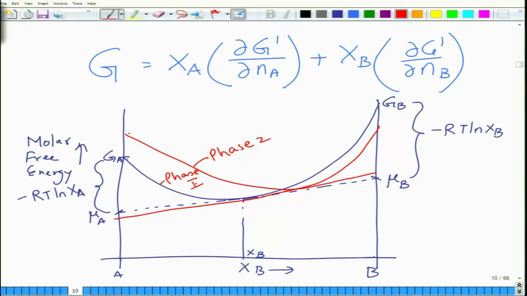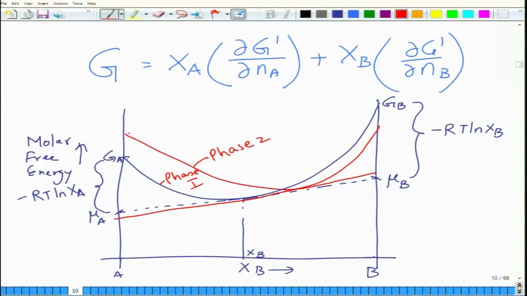For a given phase, you can draw the tangent at the minimum, and the intercept of the tangent with respect to the A and B axes will give you the chemical potential, which is related to the molar free energy of element A by a magnitude of minus RT ln XA. In the case of element B, it would be minus RT ln XB. So this is the chemical potential concept.